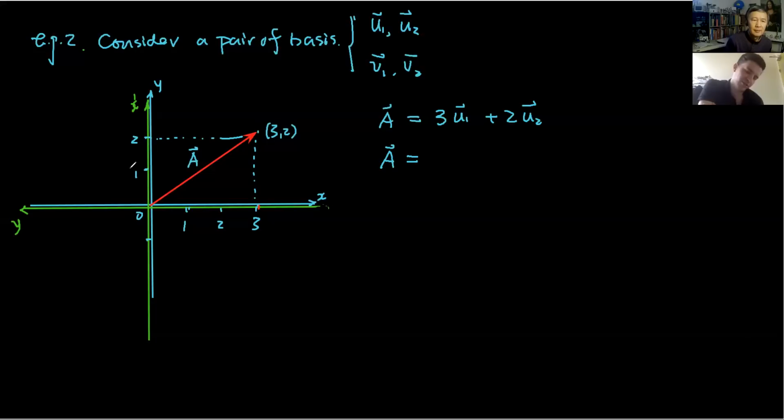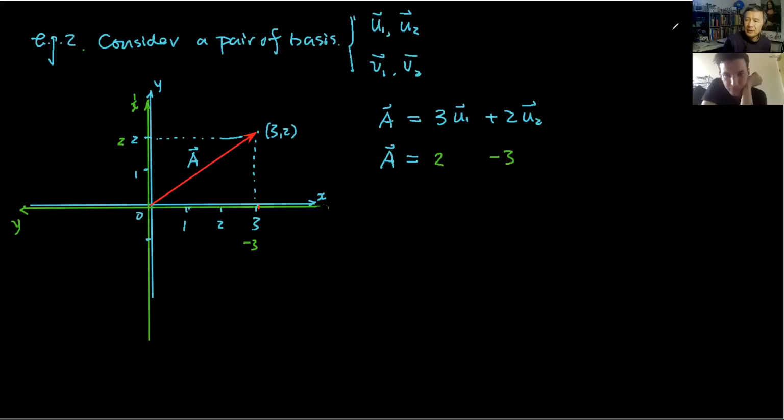Well, I suppose there's a 90-degree rotation. X is positive, so it will be 2, and then -3. So we get 2 and -3.